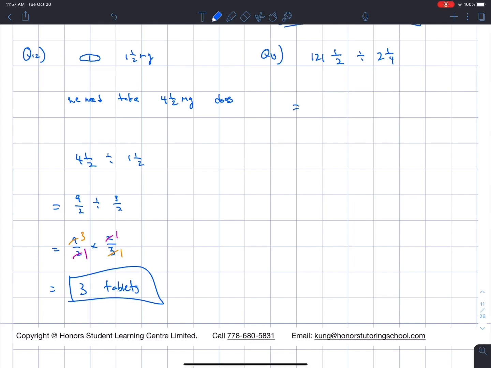So 121 times 2 is 242. Add 1, I get 243. And then divided by 2 times 4 is 8, plus 1 is 9. So 243 over 2 times 4 over 9.